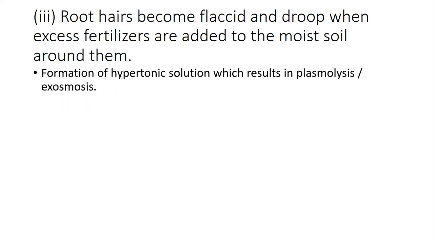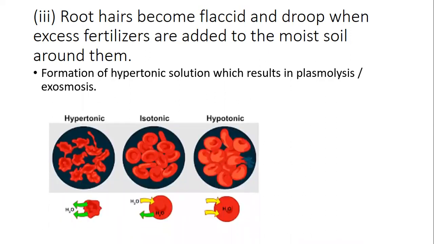I will explain you with the help of blood cells. Here you can see hypertonic solution. When we add cells in hypertonic solution, all the water will come out from the cells and the cell will be plasmolyzed. Okay. In isotonic, what happens? Both sides the concentration of water is equal. So if water comes out, it will go in; both endosmosis and exosmosis will take place.